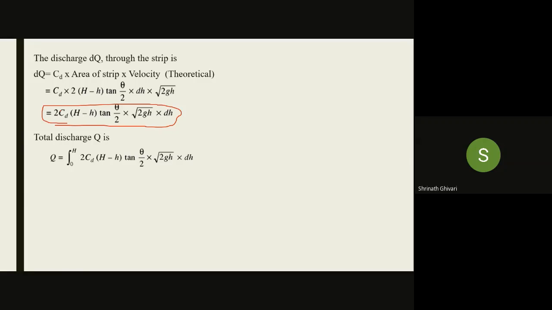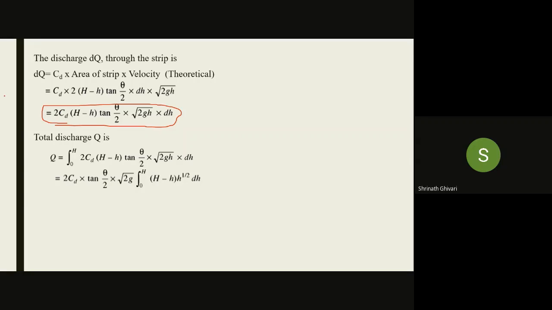Now, what all is constant over here? 2 is constant, CD is constant, tan theta by 2 is constant, square root of 2g is constant. Which is not constant? H minus h, h raised to 1 by 2 into dh.